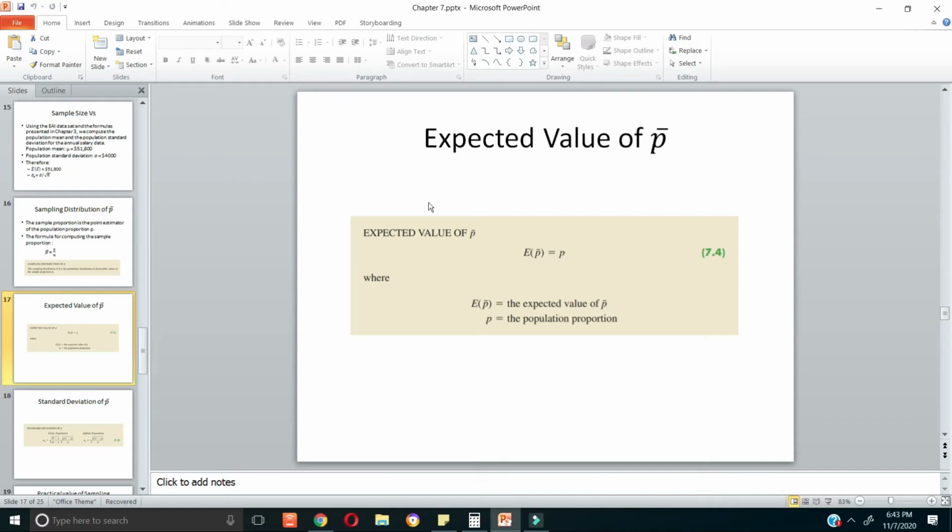By that I mean, if you have a population where 60% of the population carries a particular characteristic. For instance, if 50% of the human population is male, then if you do an unbiased sample, you expect that 50% of that sample are going to be male. That can be shown to be the case.